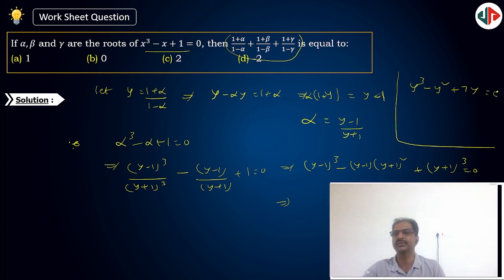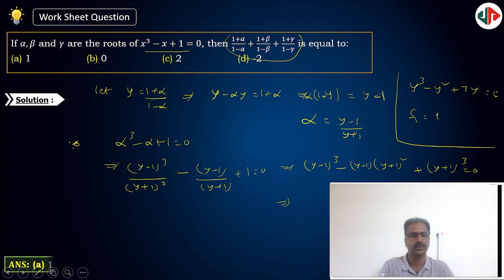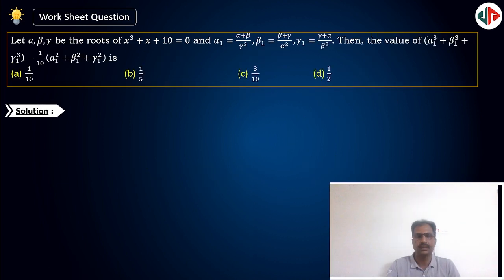For this equation, what is required for us? Sum of the roots s1, which is nothing but 1. Option A. For this equation, the question is finding the sum of the roots, that is s1, which is 1. The simplification of this will be y cube minus y square plus 7y is equal to 0. Next question. Alpha, beta, gamma are the roots of the given equation.